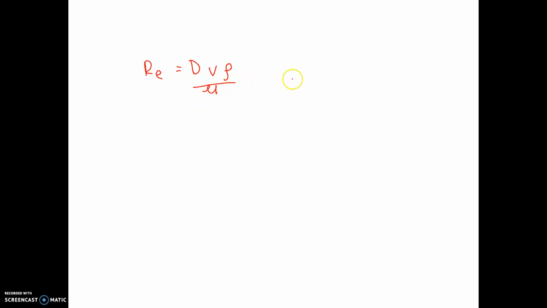So d is the pipe diameter, and the unit is cm.